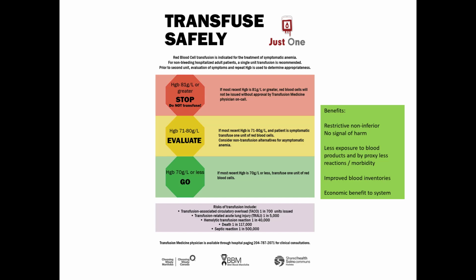One of the added benefits of sticking to a restrictive practice in patients who are not actively bleeding is that it also improves the inventory of blood products for the local blood banks, and there are other further higher order economic benefits to the system as well.